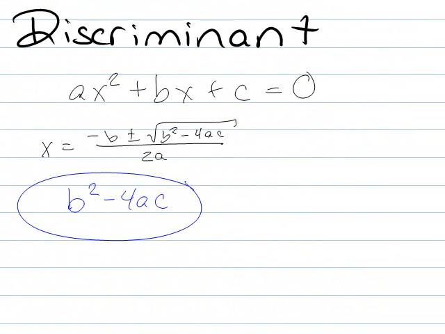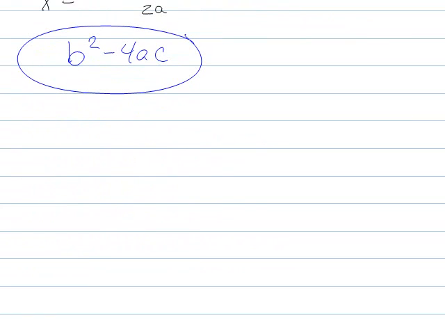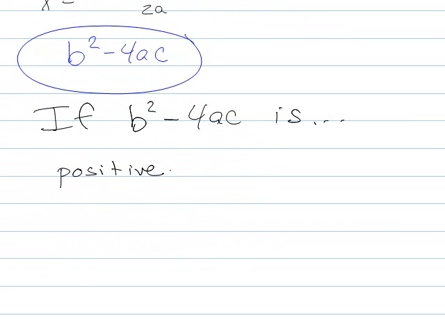The basic rule for the discriminant is this. If b squared minus 4ac is positive, we get two real solutions. I'm going to make this smaller so it looks a little bit better.